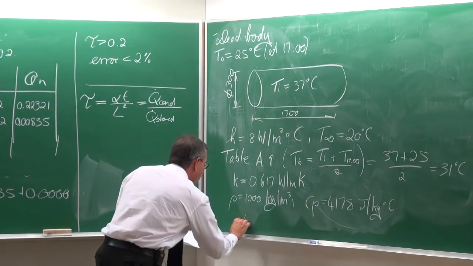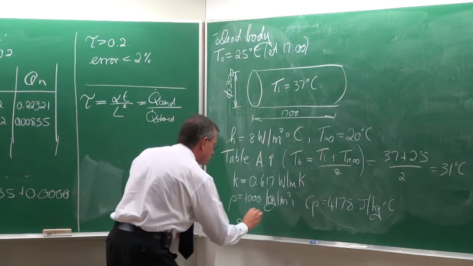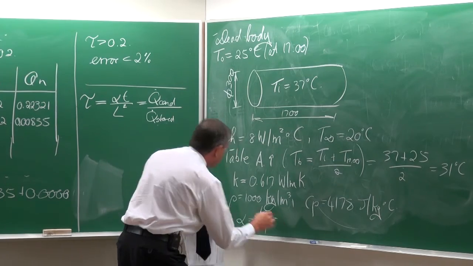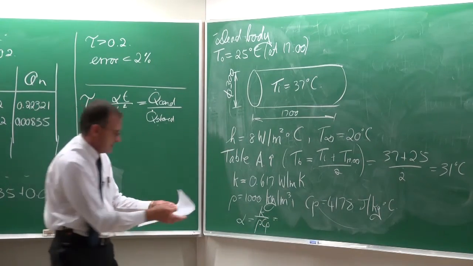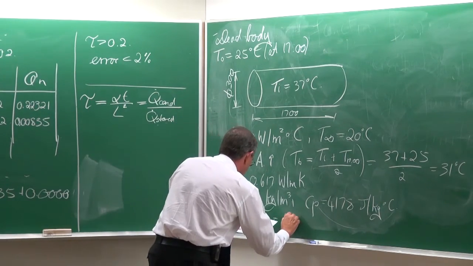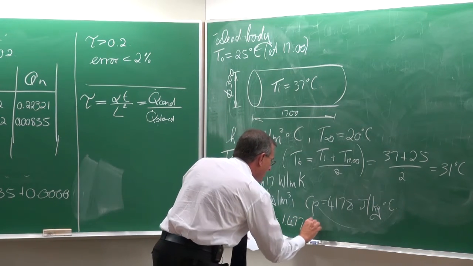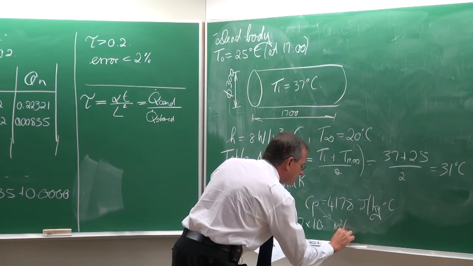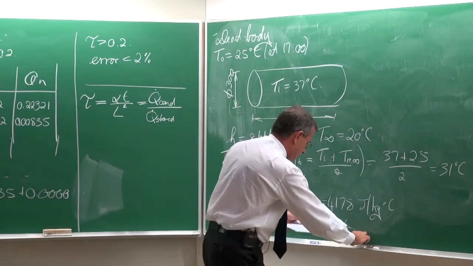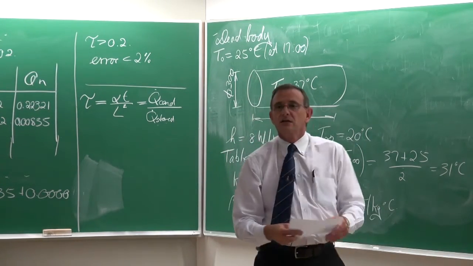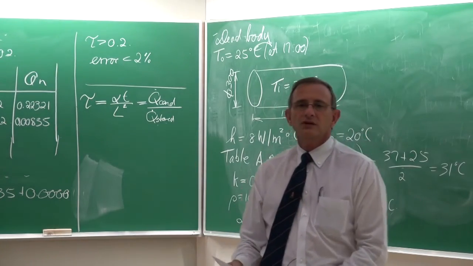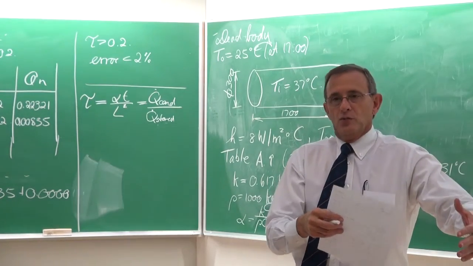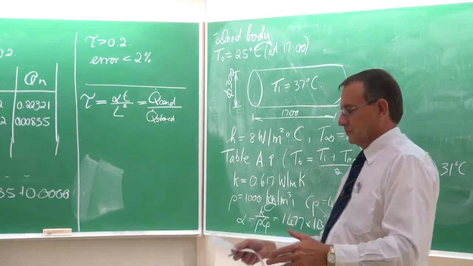And alpha, the thermal diffusivity, which is equal to k divided by rho Cp, you can calculate it or get it in the textbook, is equal to 1.477 multiplied by 10 to the minus 7 square meters per second. So those are the properties of water at the average temperature of 31 degrees Celsius, the average between when the person died and when it was found.